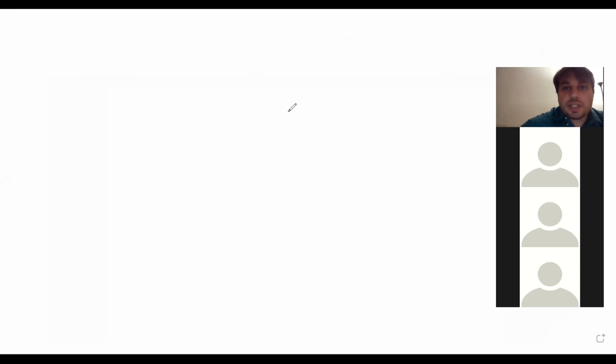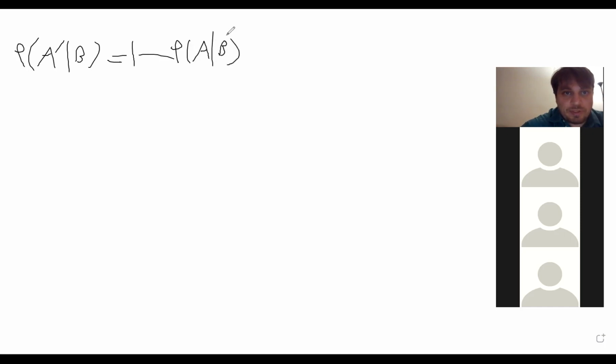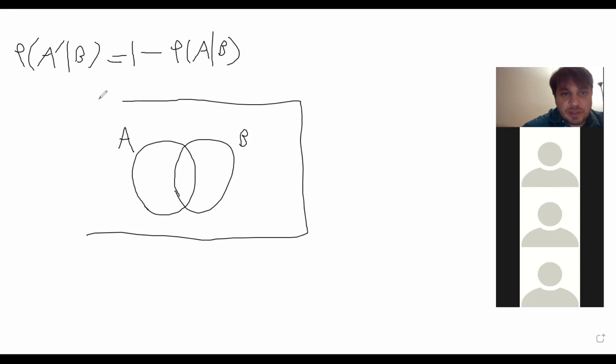So I want to illustrate how the probability of A prime given B is equal to 1 minus the probability of A given B. Okay, so if you have your set A and you have your set B, here's the universal set.